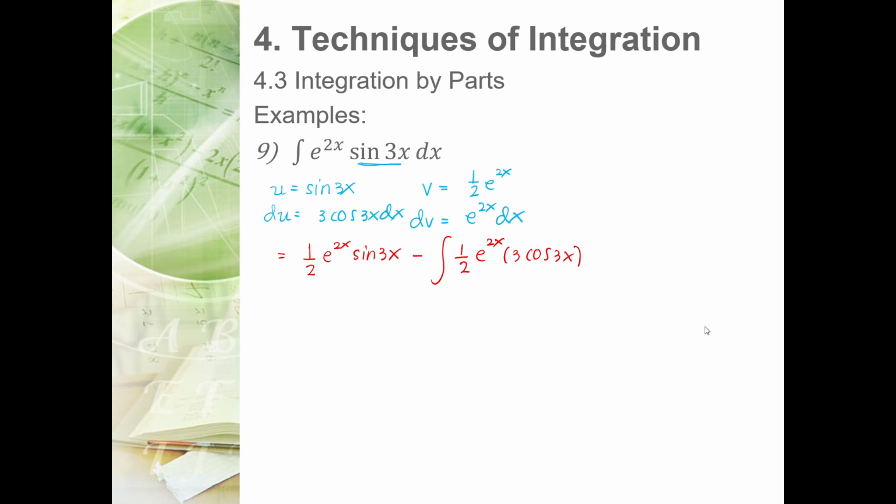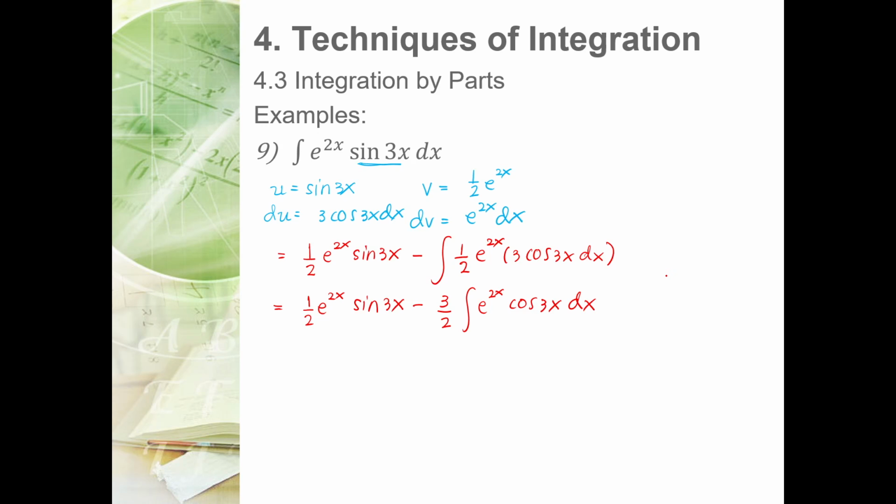I forgot the dx, so let's put the dx. So the equation becomes 1 half e to the power of 2x sine 3x minus 3 halves, the integral of e raised to 2x cosine 3x dx.